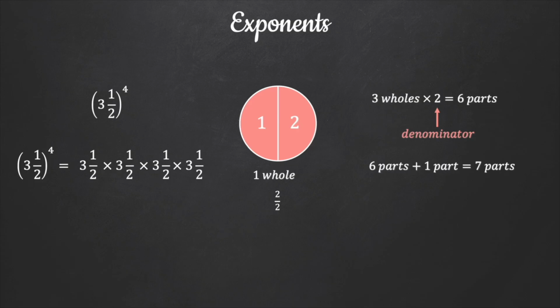And then we're going to take our 6 parts and add it to the additional 1 part that we have from our fraction, because we have 3 wholes and 1 out of 2, and that would be from our numerator. And then that means that we have a total of 7 parts shaded in 3.5. So 3.5 is equal to 7 out of 2.